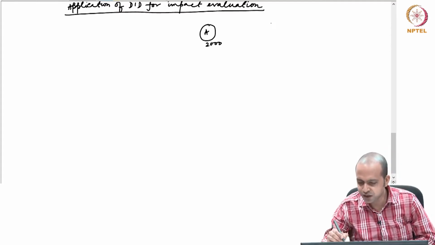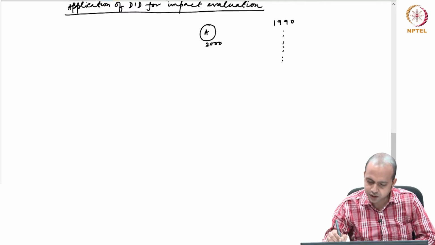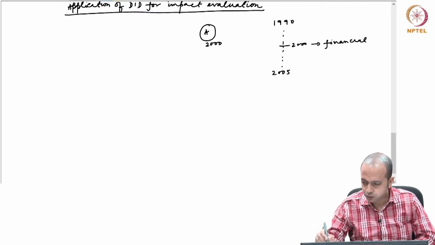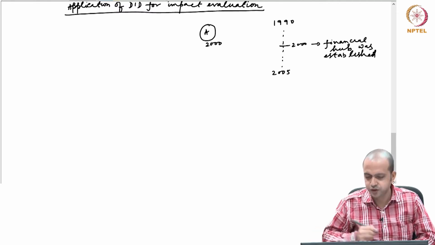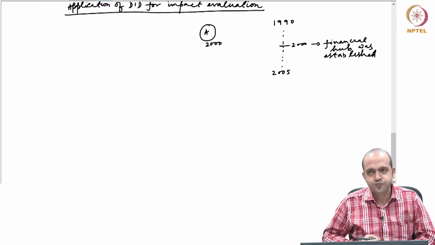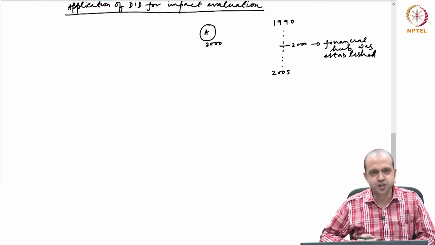So, that means if you have, let us say, data from 1990 to, let us say, 2005, and this is the year 2000 where the IT or financial hub was established. Okay. So, you have this 16 years of data, and in 2000 there was a financial hub.